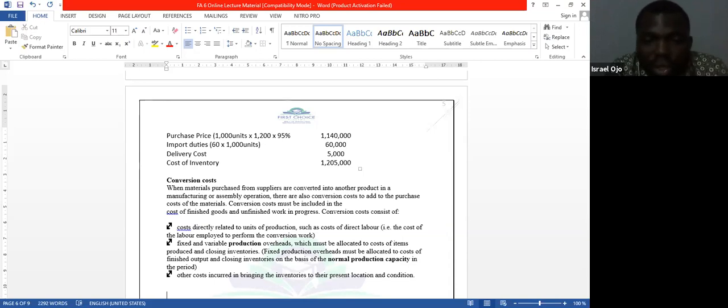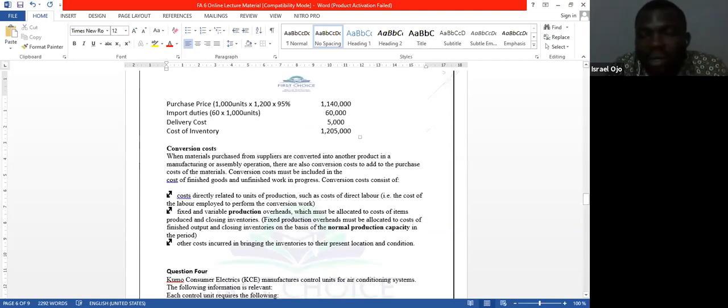Conversion cost consists of costs directly related to units of production, such as the cost of direct labor, and fixed and variable production overhead. Let's say generator diesel, or depreciation of an asset, or rent that is solely responsible for the manufacturing or the assembly, solely for it.